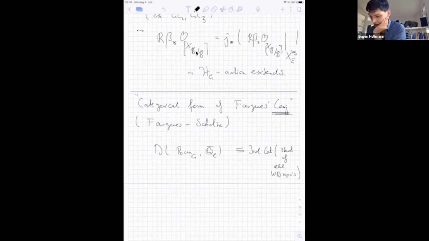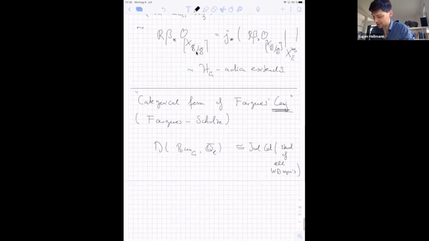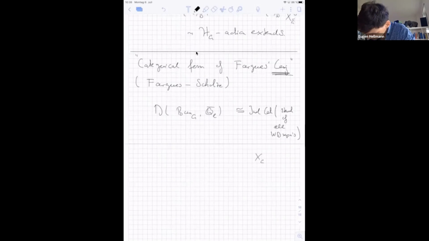And I was considering the situation for my X_G check, which actually lives inside the stack of all Weil-parameters. And this inclusion here is in fact a connected component.